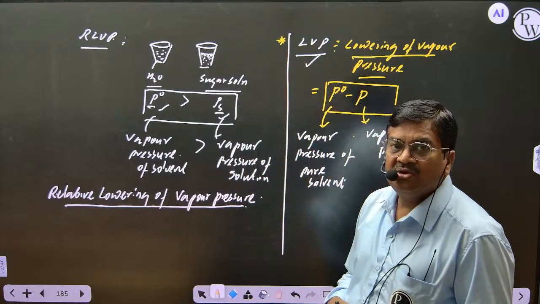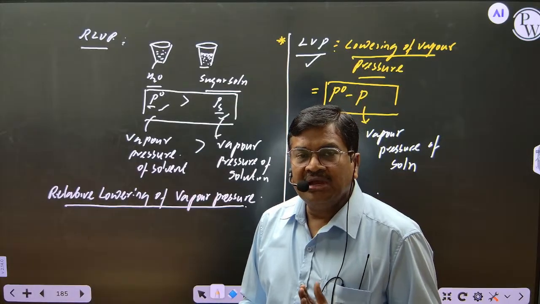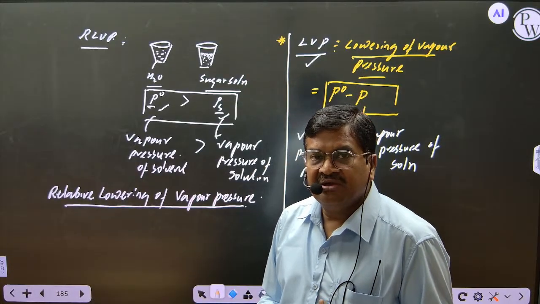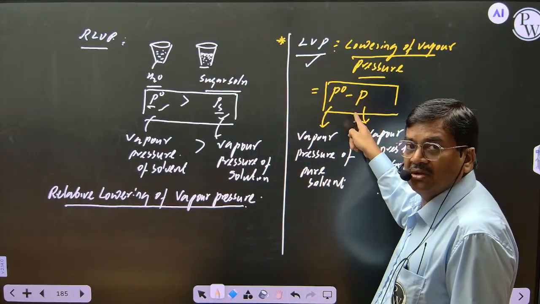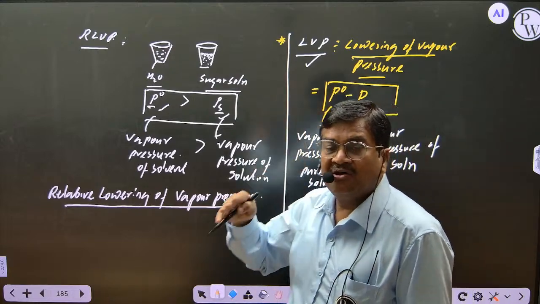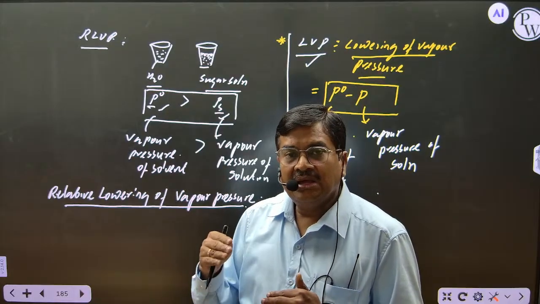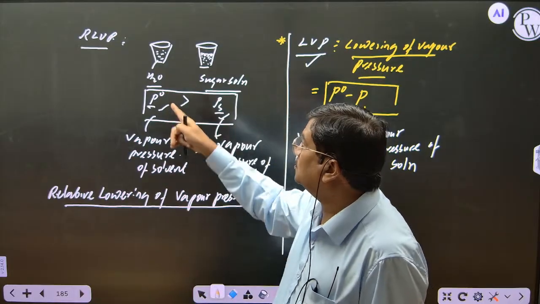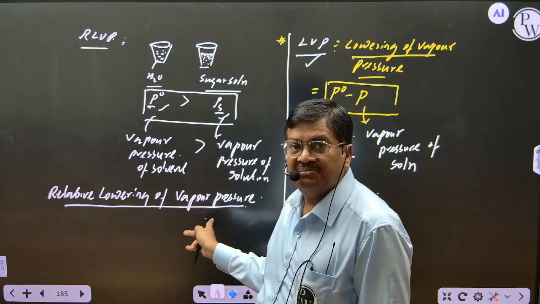What is this relative lowering of vapor pressure? Simple. It is the ratio of lowering of vapor pressure. What is that lowering of vapor pressure, students? We wrote just now. P naught minus P. Correct? This is the lowering of vapor pressure compared to the vapor pressure of the pure solvent. That means we are comparing lowering of vapor pressure to whom? The vapor pressure of the pure solvent. That will give relative lowering of vapor pressure.